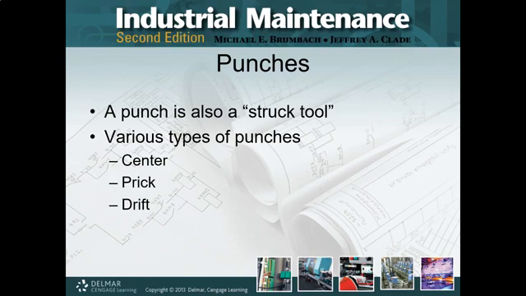We'll also use them to drift pins out of anything that's holding two pieces of material together. So the most common punches that we are going to bump into and use are going to be the center punch and the drift punch. Sounds like a rock band. Drift punch.